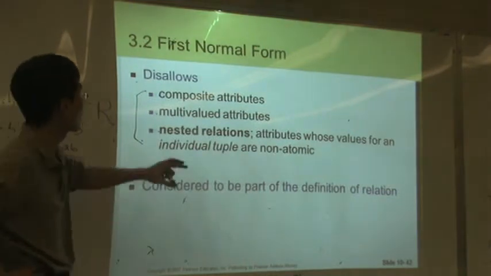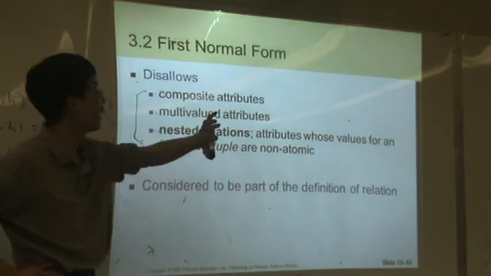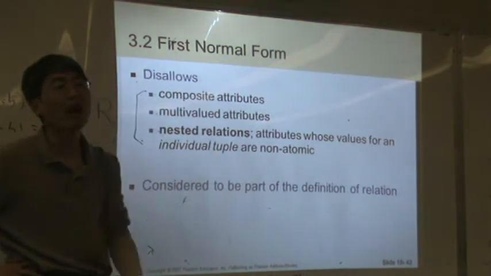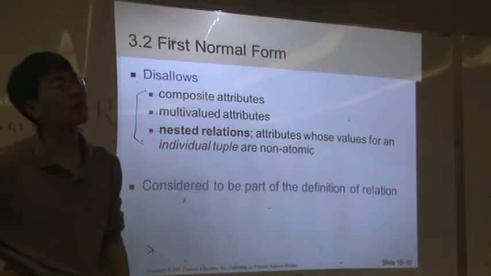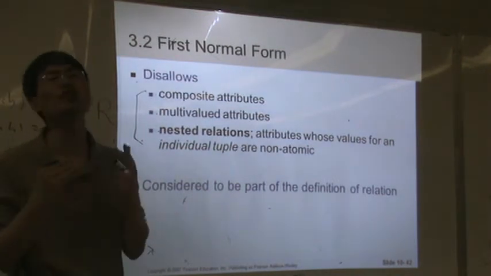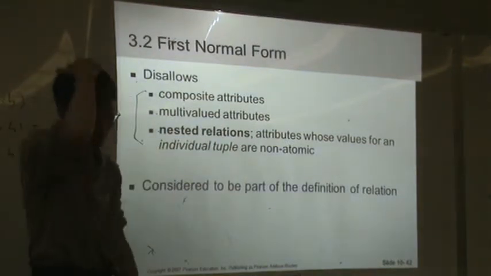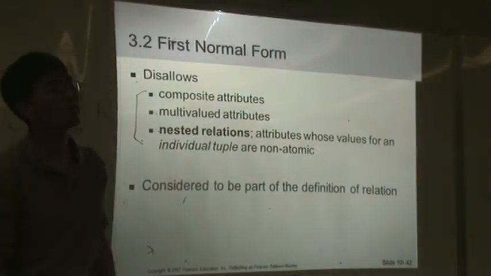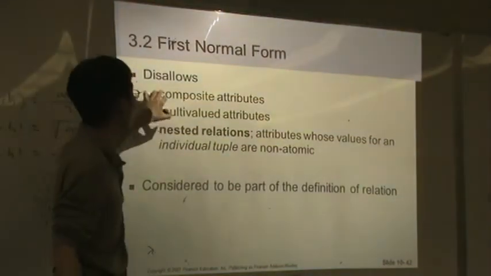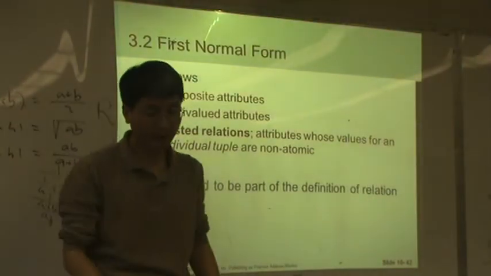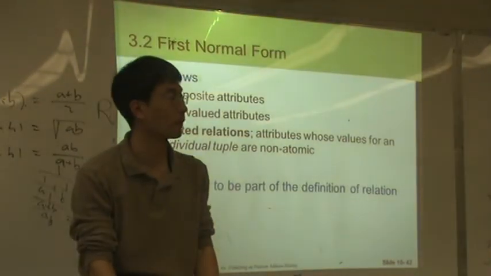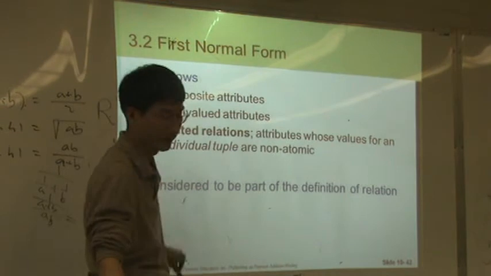Inherit. Also the multi-value doesn't matter, and the composite doesn't matter. Unfortunately, the relational model is too strict, actually, to keep such conditions. So the relational model does not allow such an attribute. That is the first normal form. First normal form does not allow this.